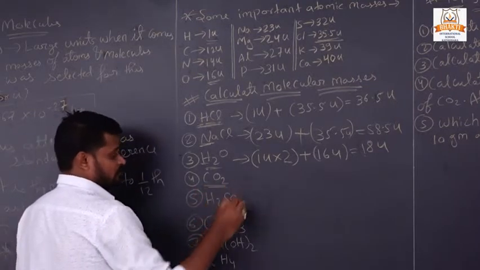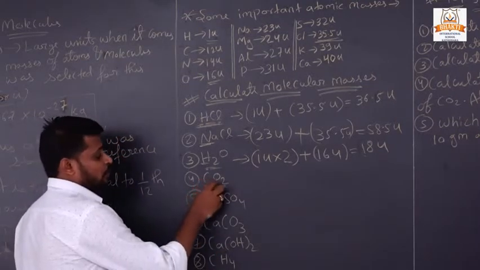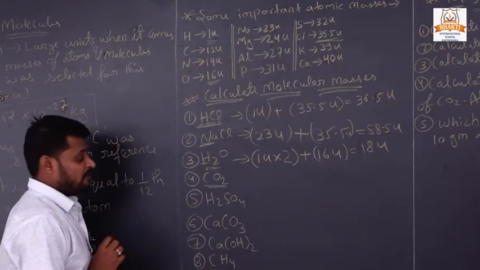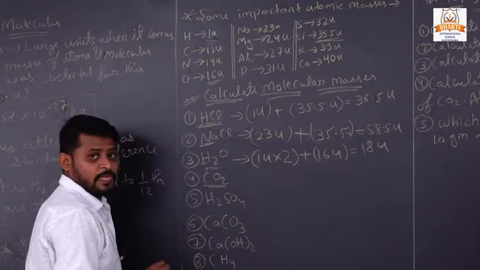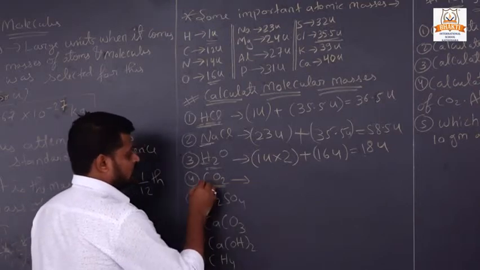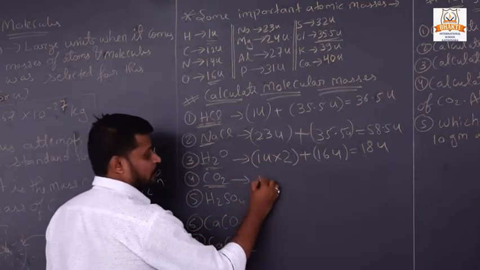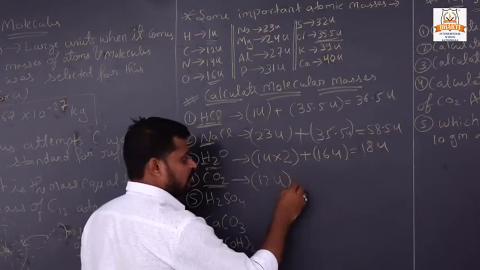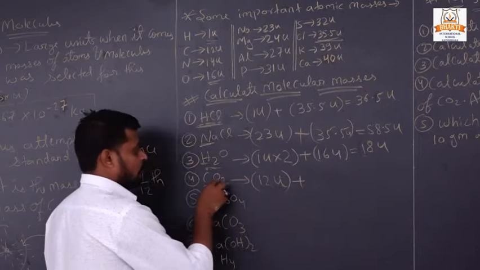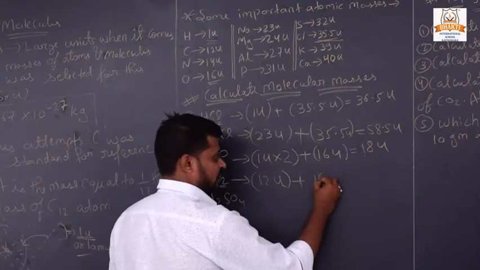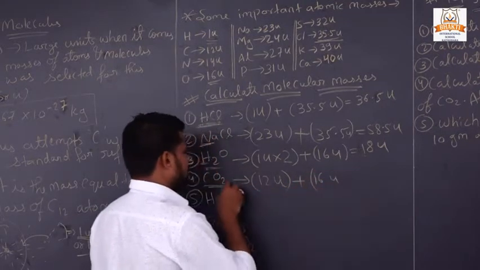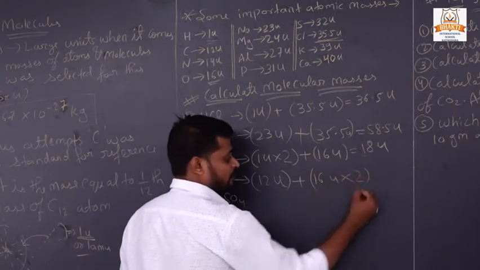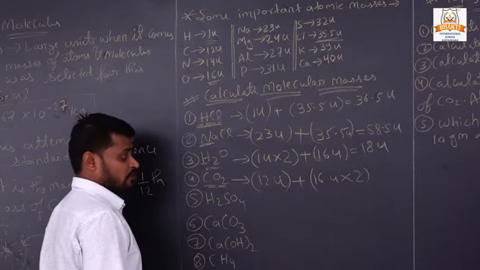Now CO2, where the number of oxygen atoms is 2. The molecular mass of carbon is 12 mu, meaning 12 unified mass, and the molecular mass of oxygen is 16 mu, but in CO2 the number of atoms is 2, that's why we multiply 2 with the molecular mass of oxygen.